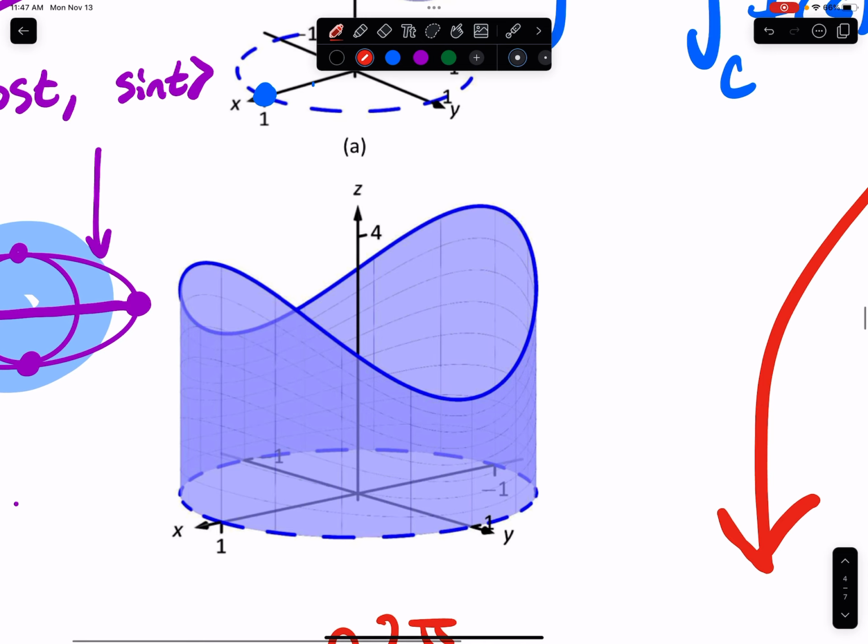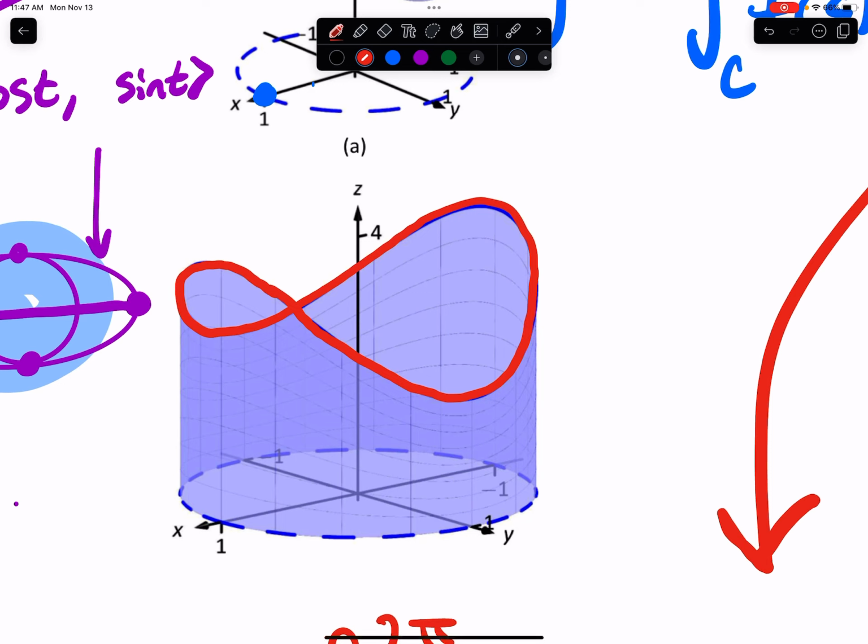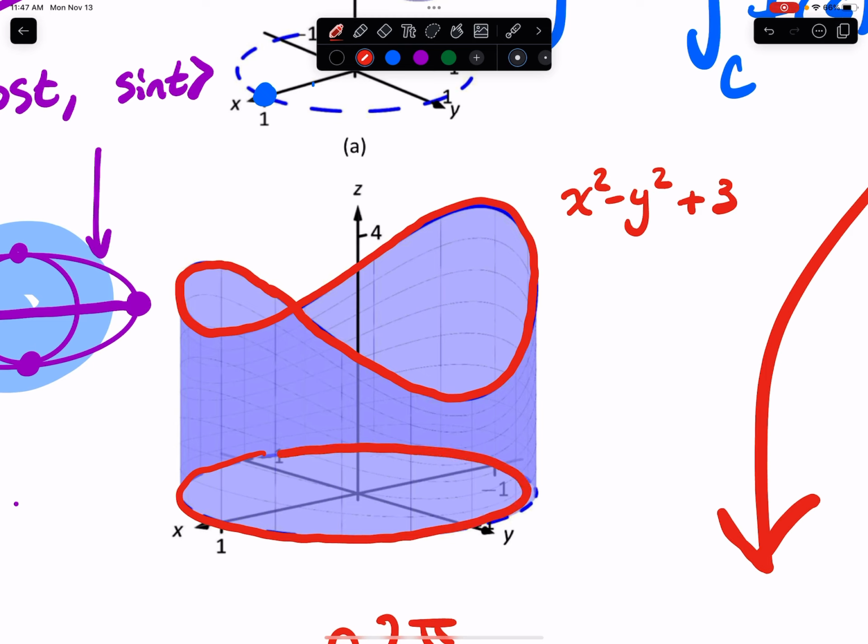But look, think about what this function is. It goes down, and then it goes up, and then it goes back down, and then it comes back up. So it's very symmetric in the way it does it. It goes up in the x direction, and then down in the y direction, and then it kind of levels out at 3. So what happens is, since it's centered at the origin, the circle, these x squareds and these y squareds kind of balance themselves.